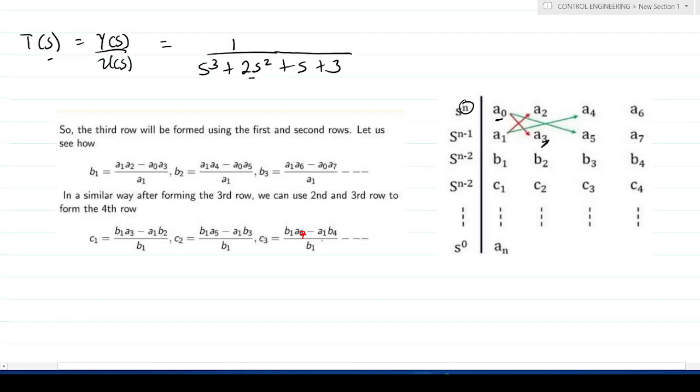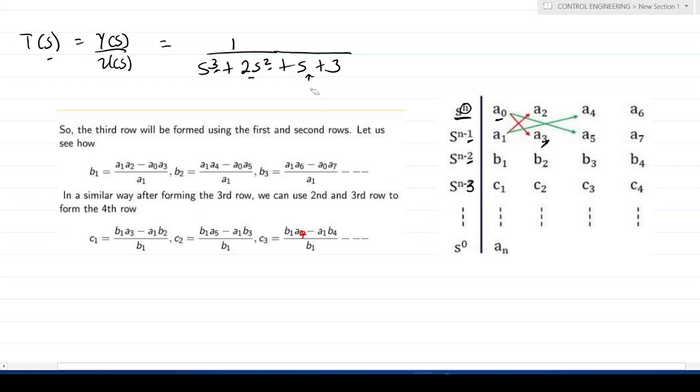This is the formula. Here, a naught s to the n represents the highest order polynomial, which is 3, then 3 minus 1 is 2, 3 minus 2 is 1, and 3 minus 3 is 0.